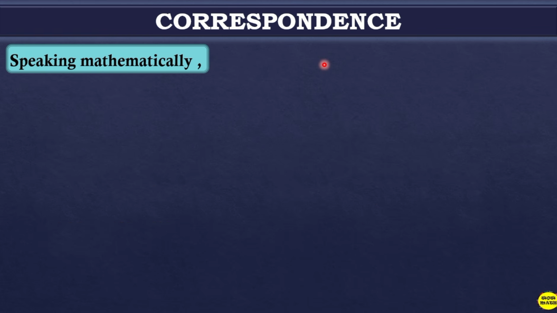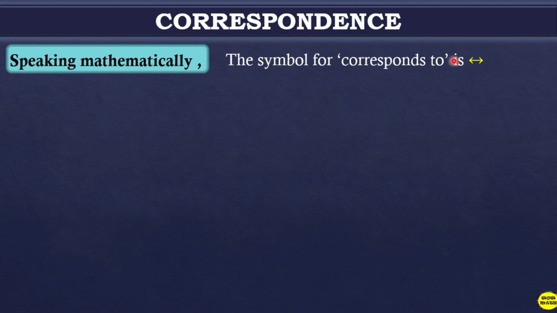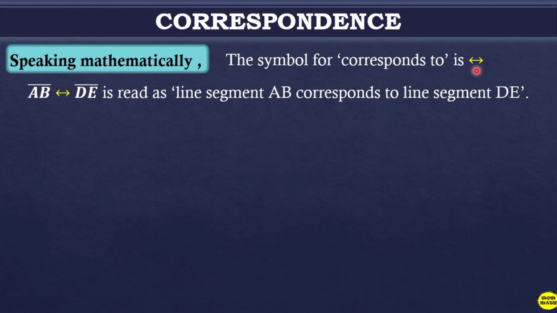Okay, let's talk about correspondence. Speaking mathematically, the symbol for correspondence is this one, the one with two arrowheads. That is the symbol of correspondence. It means "it corresponds to," which is how we read this symbol. For example, segment AB corresponds to segment DE.